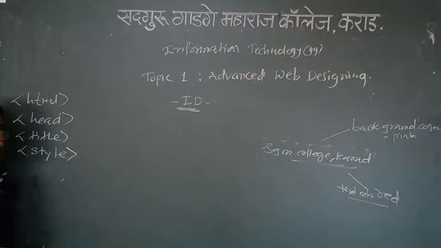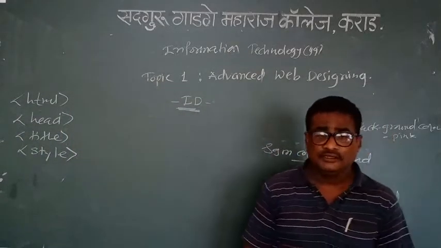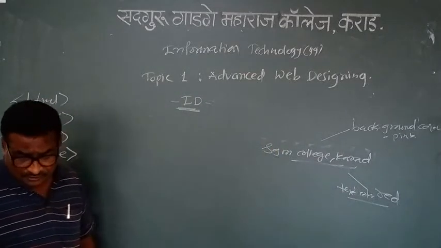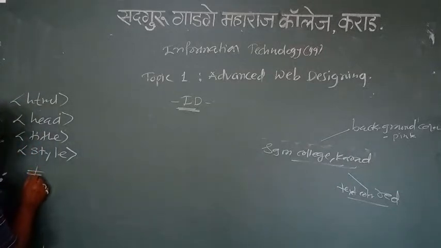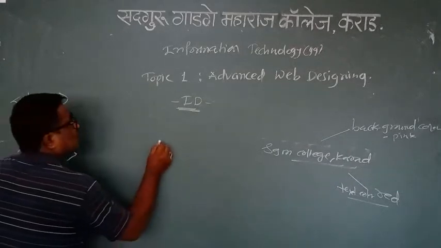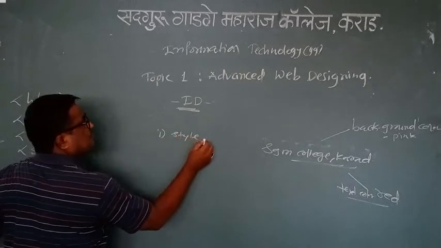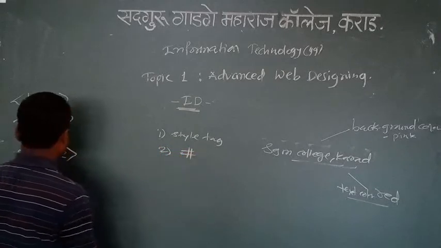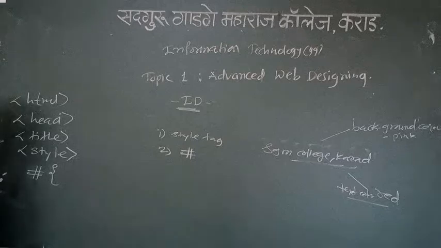In the head tag we write the style tag. Keep in your mind, first the style tag, second the hash symbol, then curly brackets. That is the syntax of the CSS.